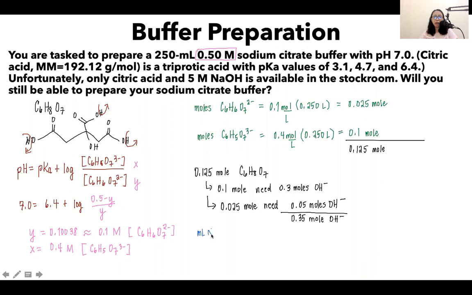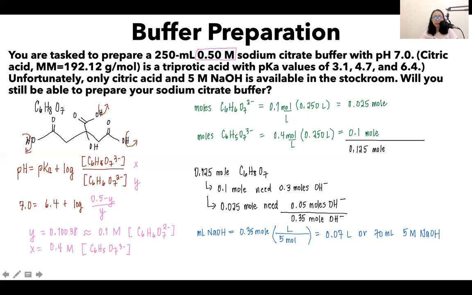So how many ml of the sodium hydroxide solution do we need? We need 0.35 mole, and we divide this by the concentration, which is 5 molar or 5 mole per liter. And this will give you a value of 0.07 liter or 70 ml of 5 molar sodium hydroxide solution.